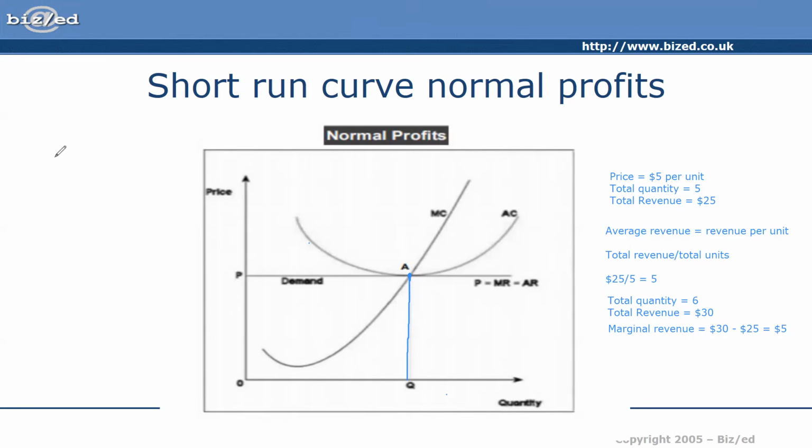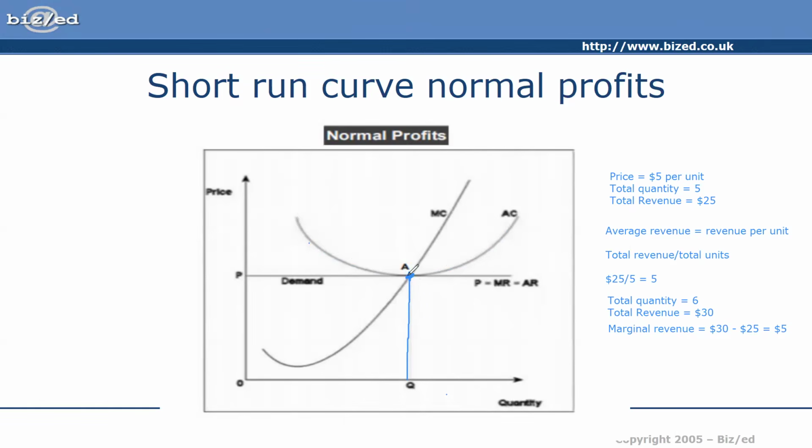So this last curve here is the average cost curve. What we're looking at is, at this point where marginal cost is equal to marginal revenue, we are going to compare our average revenue and our average cost.